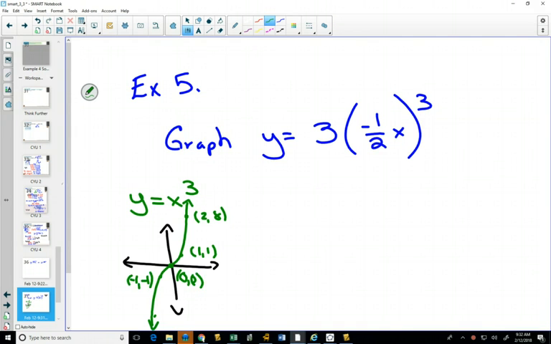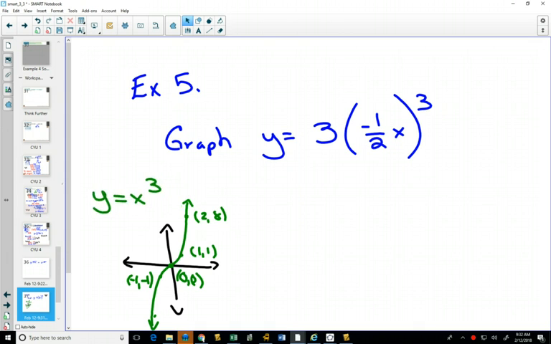And so, if that's my graph to start with, I can now look at my equation and say, what's different compared to the regular x cubed graph? My x cubed graph has the x in the cube. What's different here is I have a 3 out in front and a -1/2 inside.